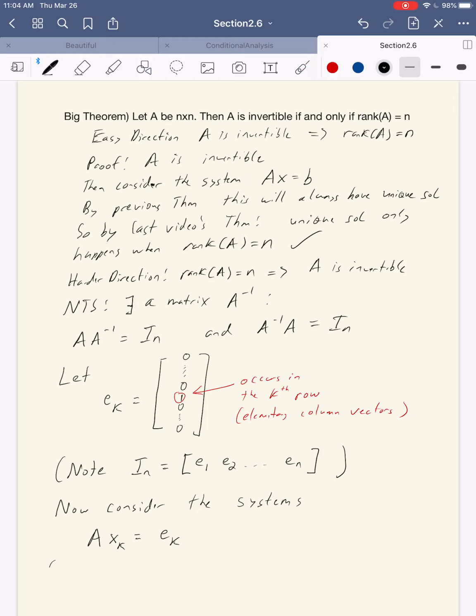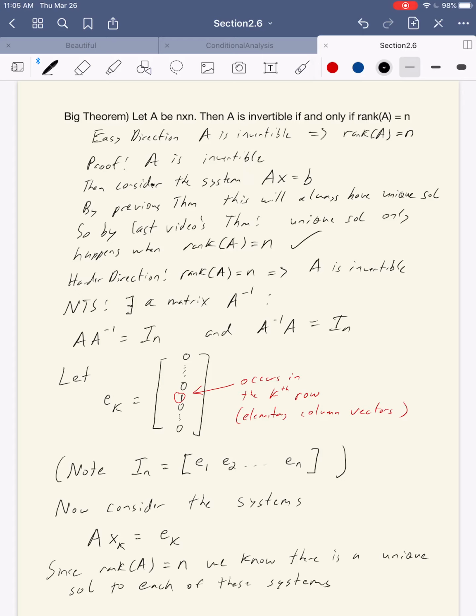Since the rank of A is equal to n, which is the assumption we have in this part of the proof, we know there is a unique solution to each of these systems.